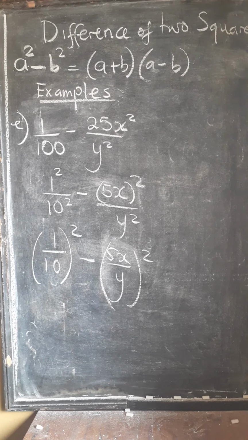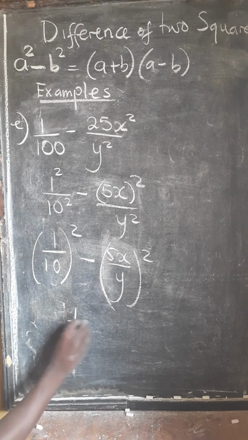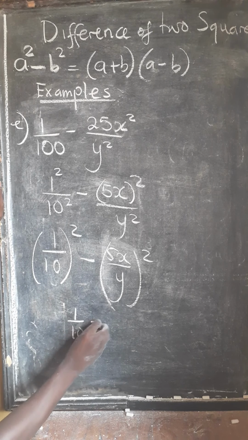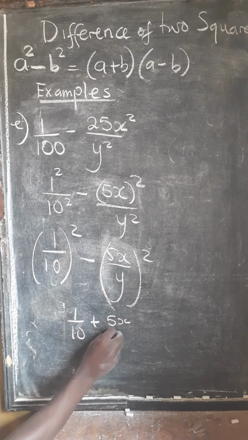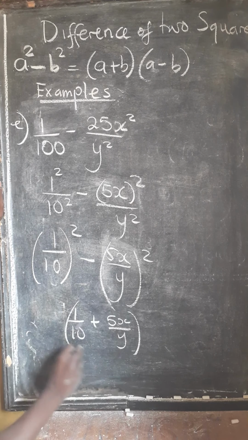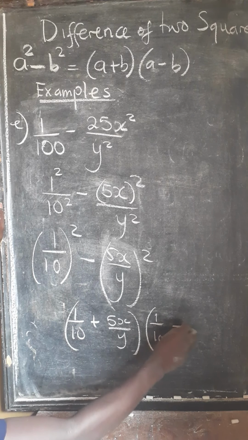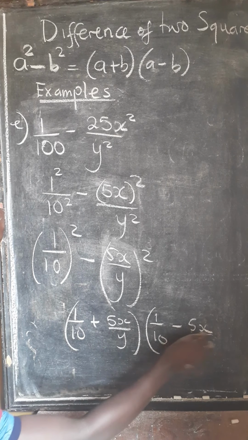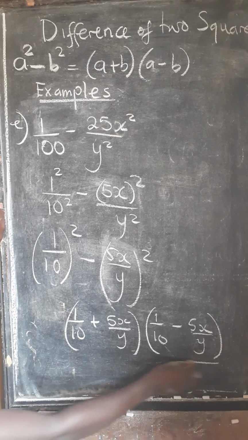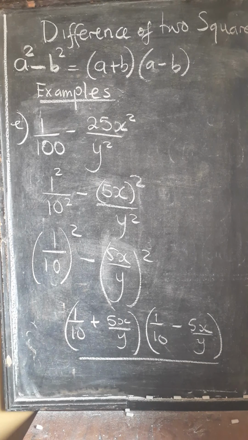So this is the difference of 2 squares here. So we can finally write our answer as 1 over 10 plus 5x over y, times 1 over 10 minus 5x over y. Okay, this is what will be our final answer.